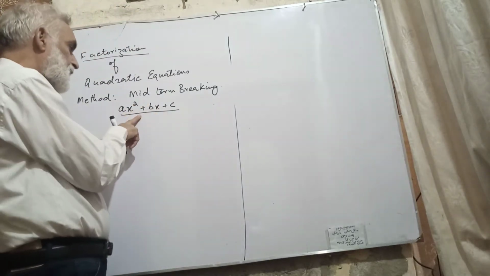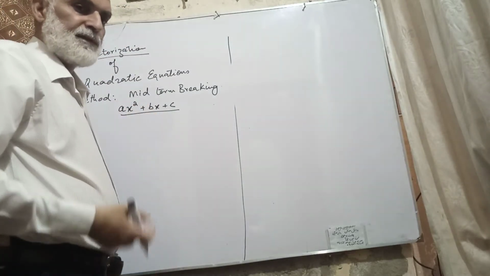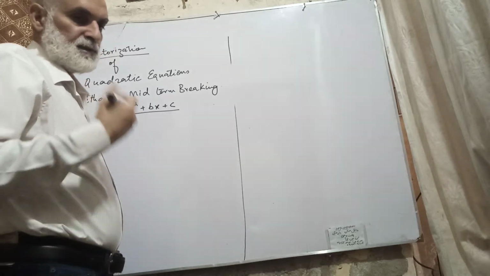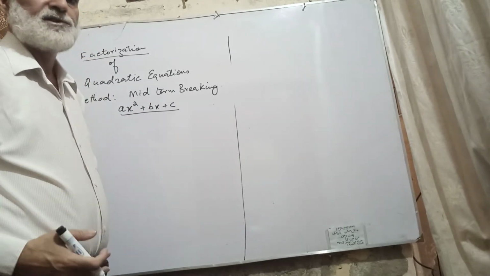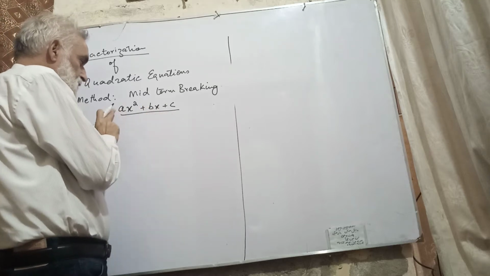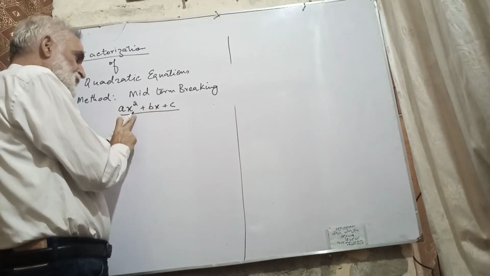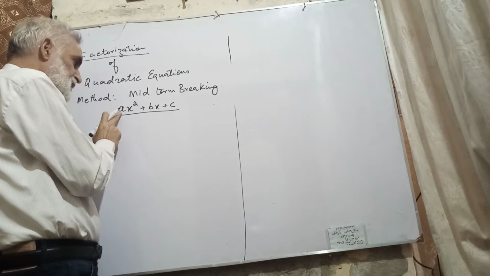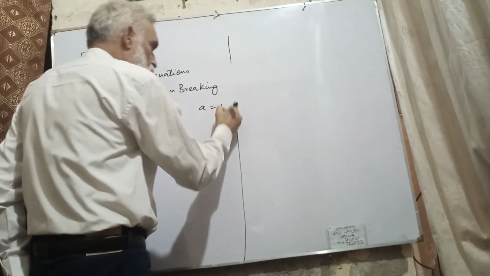We'll take some easier questions today, and in the next video we'll take some difficult or technical questions. I use quadratic equations in which the coefficient of x squared, a, equals 1.